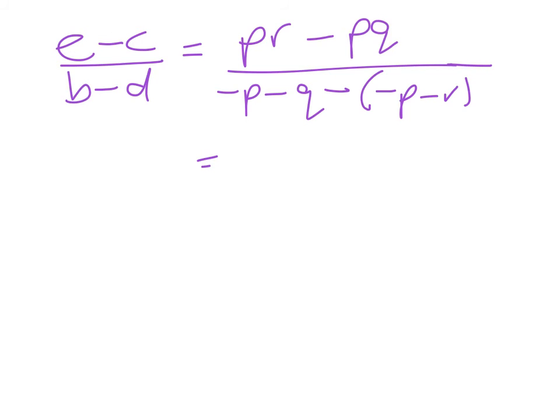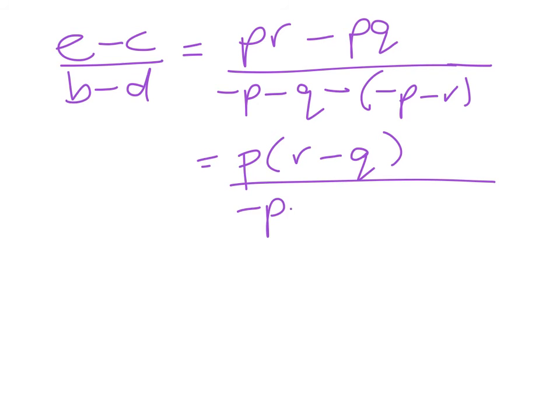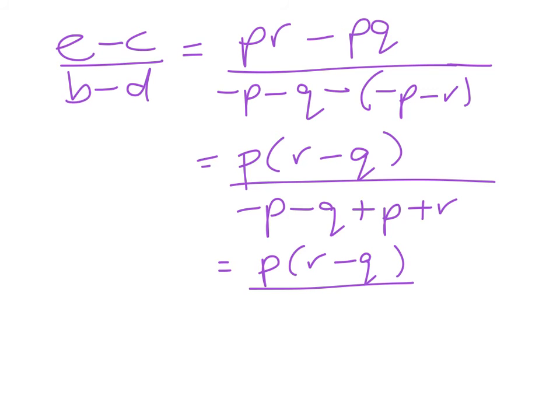Right, so the numerator we can write like this, p times r minus q. The denominator gives me negative p minus q plus p plus r. So that's p times r minus q over r minus q, which equals p.